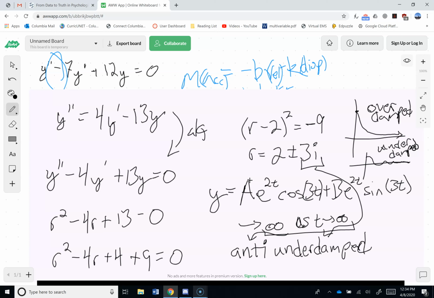Or they reach the limit of our instrumentation pretty quickly. So it's not like mathematically it won't ever stop moving, but physically you won't be able to tell after not very long.